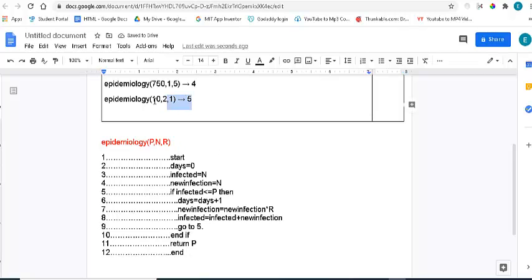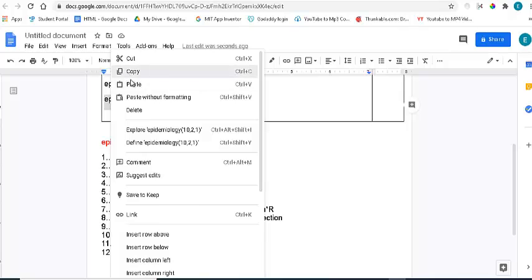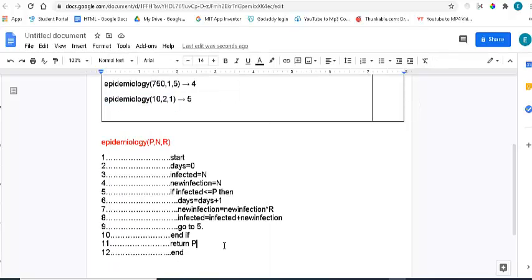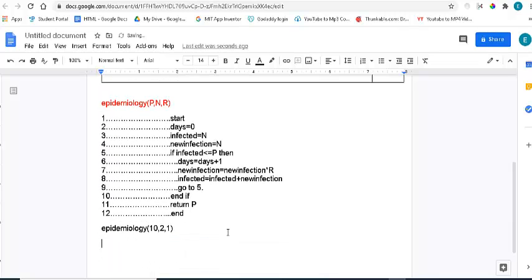Let's try it with a simple one like this one, 10, 2, and 1. When I call my algorithm with 10, 2, and 1, let's see what will happen. This means that p is equal to 10, then n is equal to 2, then r is equal to 1.